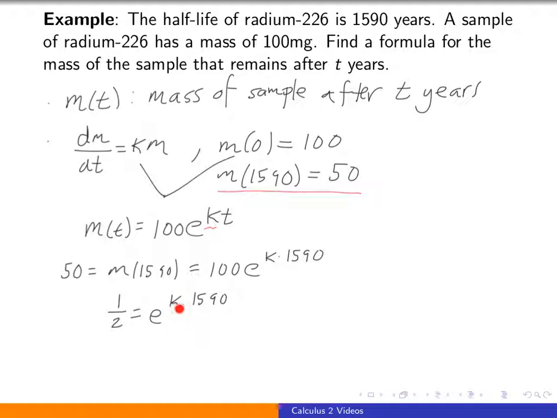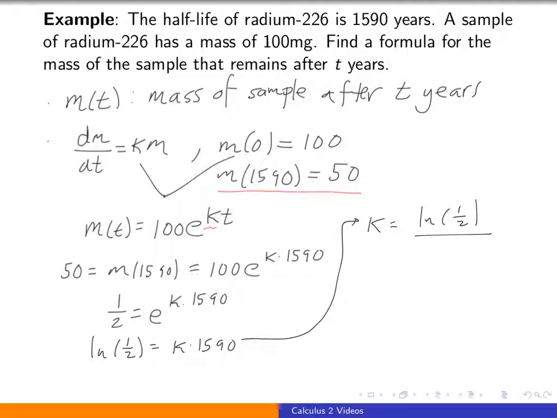But in order to get to k, we need this exponential to go away. So we take natural logs of both sides. So natural log of 1/2 is equal to k times 1590.